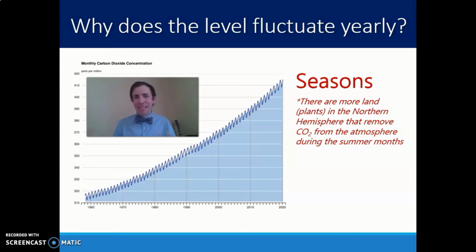Now, this primary change in the seasons is seen most noticeably over land. So, since the northern hemisphere has more land and more plants that live on that land, this jaggedy line follows the northern hemisphere. The southern hemisphere's summer cancels it out a little bit, but not enough to totally smooth out this jaggedy line.